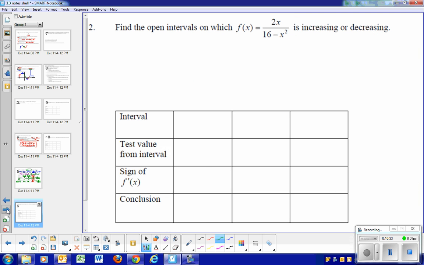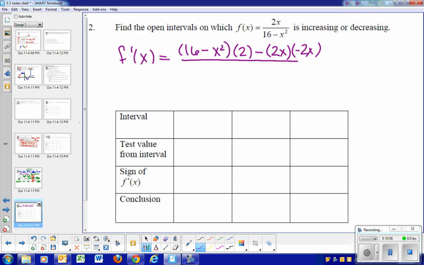Example 2 has the same exact directions. Find where the function is increasing or decreasing. This derivative requires remembering some quotient rule. So I'll start out with the denominator times the derivative of the top minus the top times the derivative of the bottom.